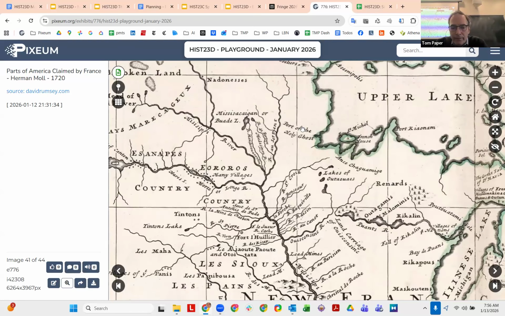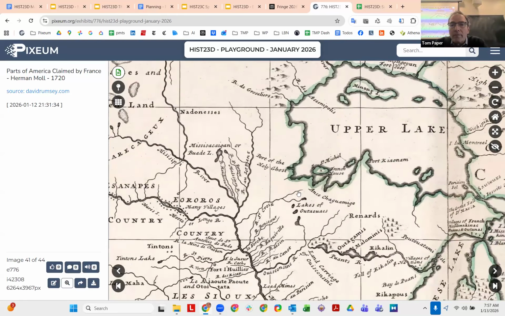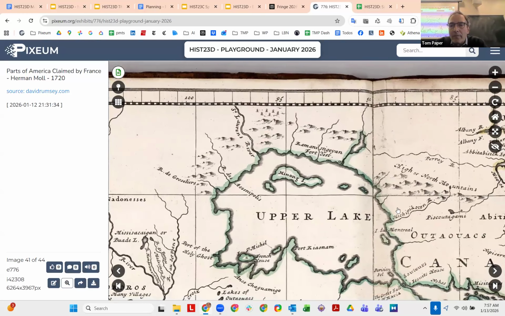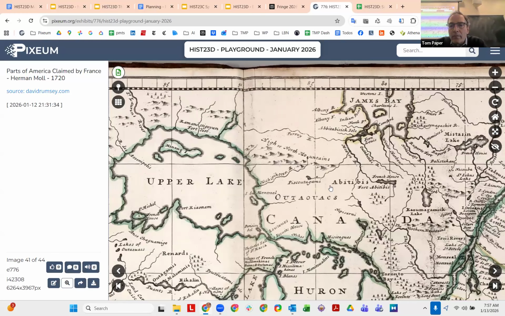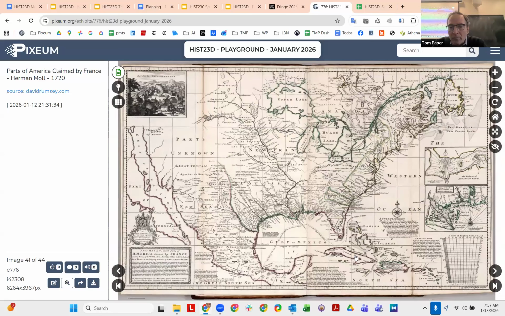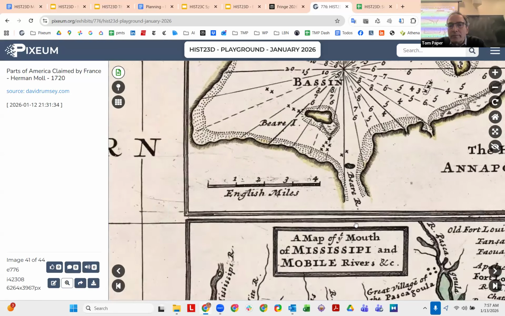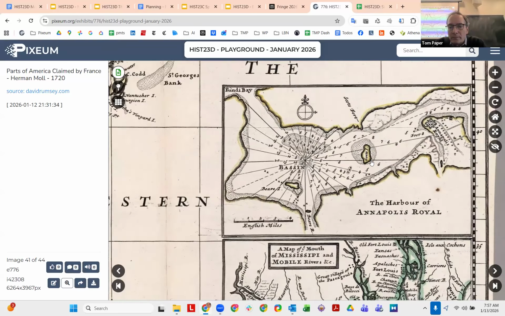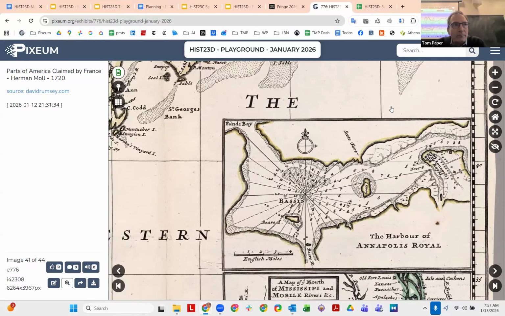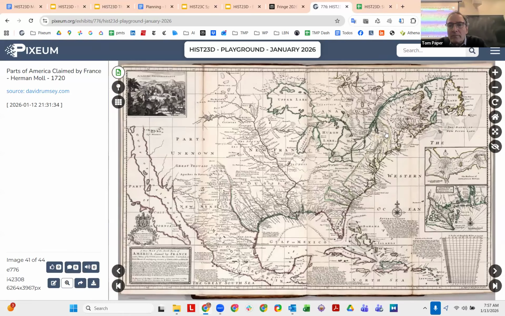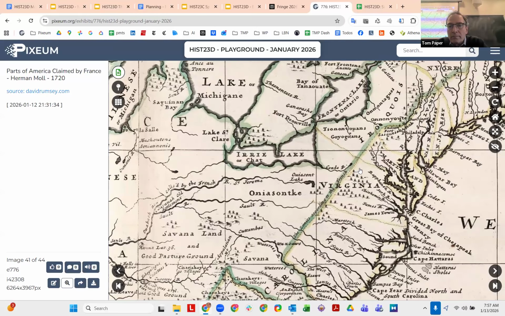Louisiana is a great culture. English is in yellow. Spanish is in... I agree with you.